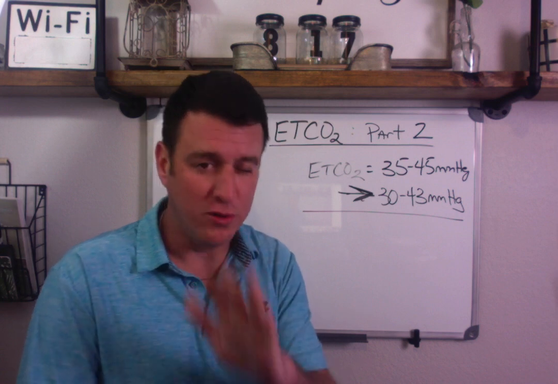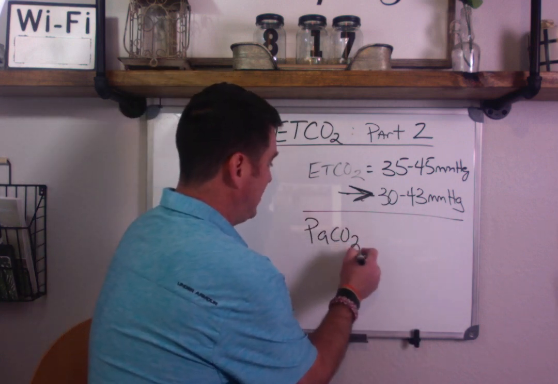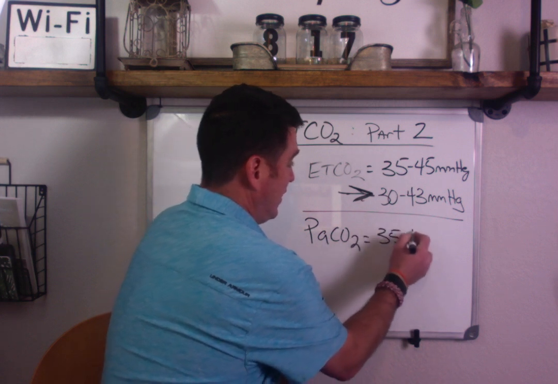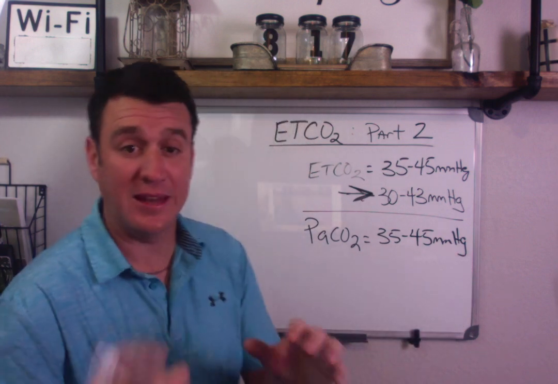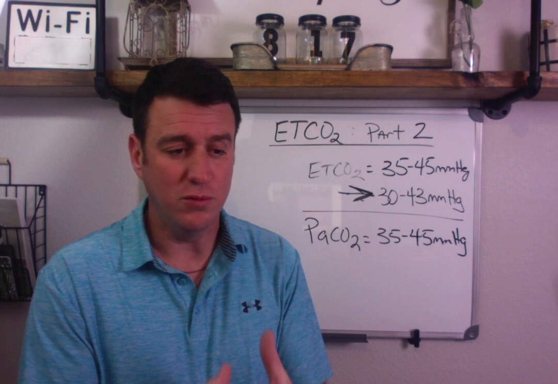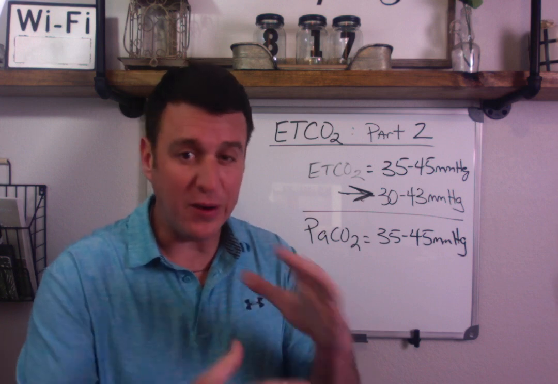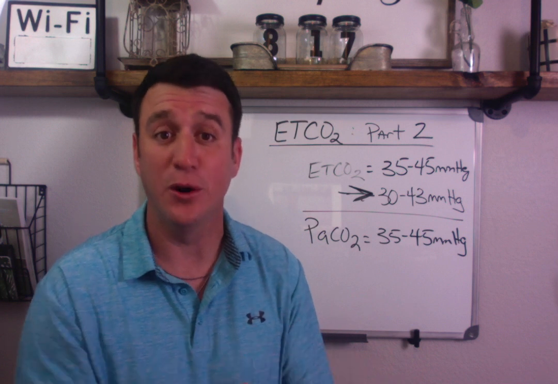We know that normal PaCO2 equals 35 to 45 millimeters of mercury. Your Tidal CO2 should be very close to and very similar to your arterial CO2 in your healthy individuals.